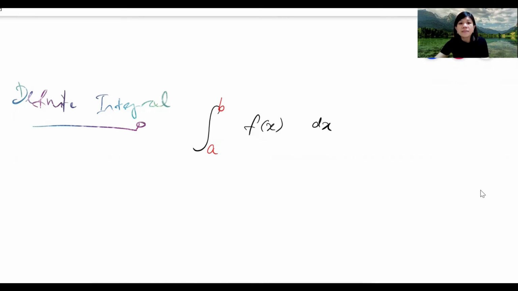This A here is known as the lower limit, and the B here is known as the upper limit. So remember, each time you see the integration that comes with both the figures close to the integration sign, then it is a definite integral. And not to forget, the upper limit will always be above the lower limit. Hence, the B value is always greater than the A.